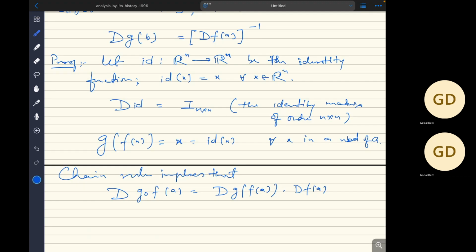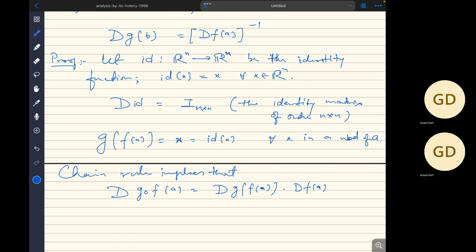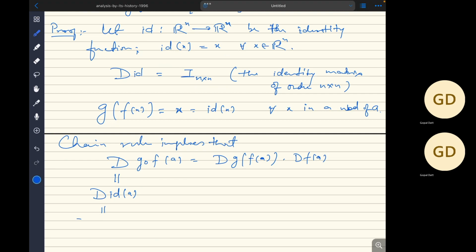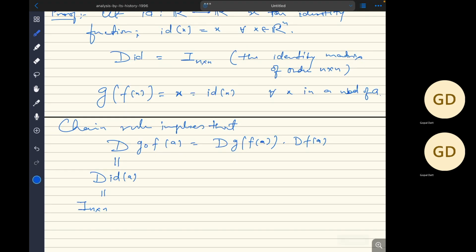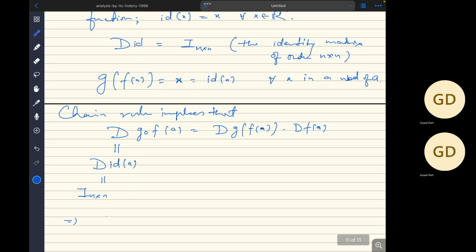But what is g composed with f? It is the identity. So this is D of id at a, which is the identity matrix.